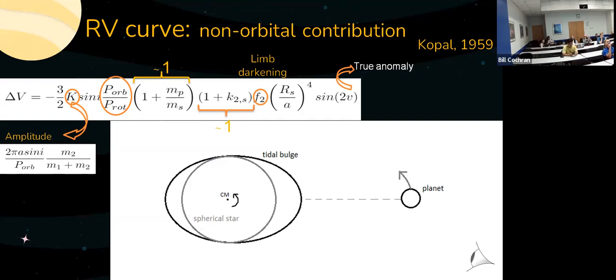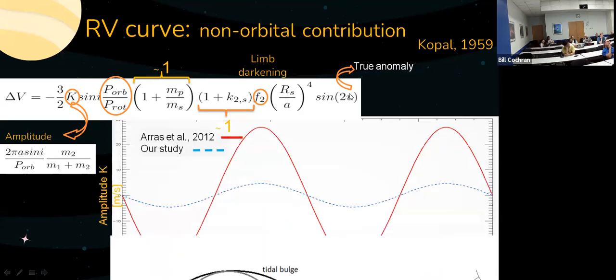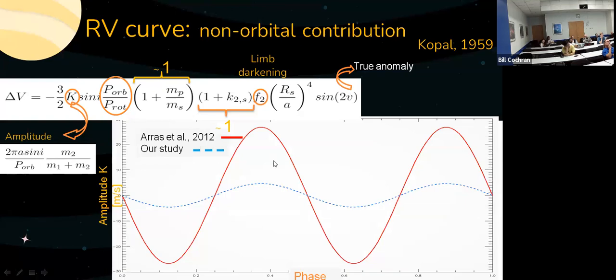While the star is rotating around the center of mass of the system, we will have this apparent contribution, which is made of many parts. It's also made of the Love number of the star, but it's basically rotating as the true anomaly. So its period will be half of the orbital period, because it's rotating as 2 times the true anomaly. And it's basically doing something like this. And this was just a comparison from a paper from 2012.